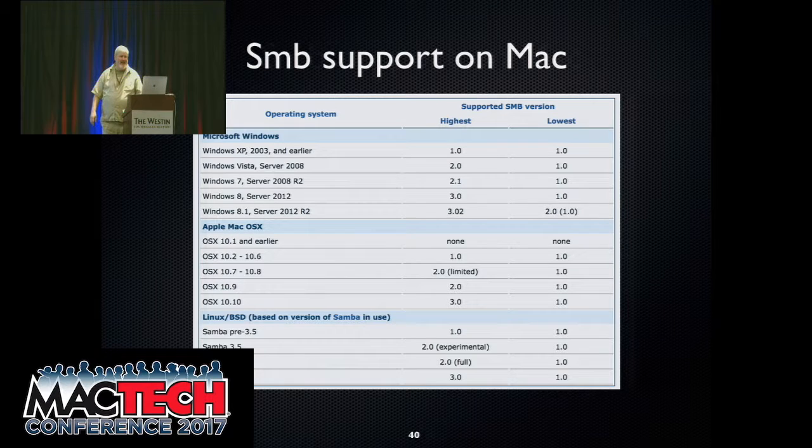All right. This is here to show you the versions of SMB supported on the Mac, but I also list the Windows version, the Mac version, and the Linux or BSD version. So it tells you the highest version it'll run, and the lowest version. This is really helpful if you're trying to figure out what can run on your computer.